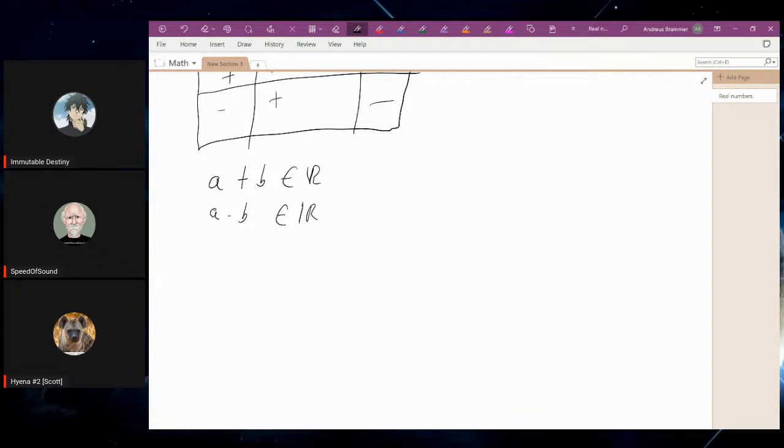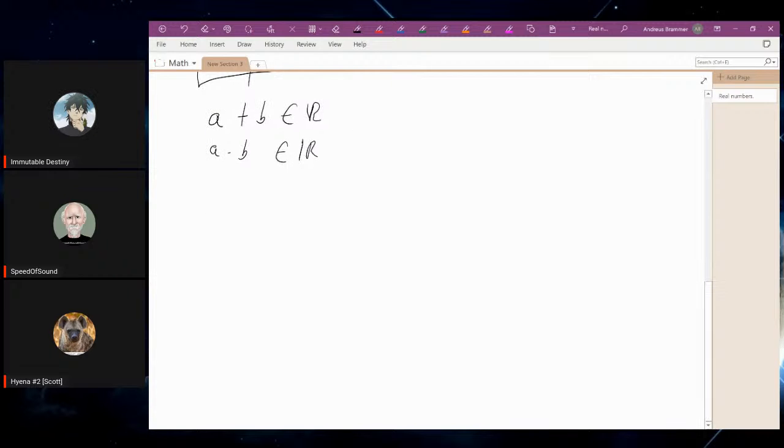Closure under addition and closure under multiplication. But also, let's notice something interesting. And let's talk about real functions, and we'll study a very interesting example of a function in a moment.